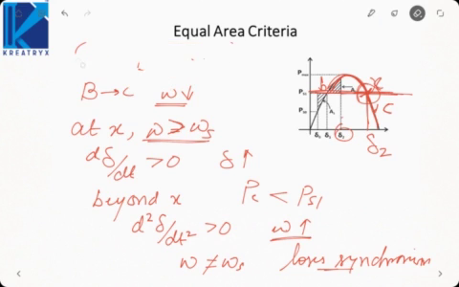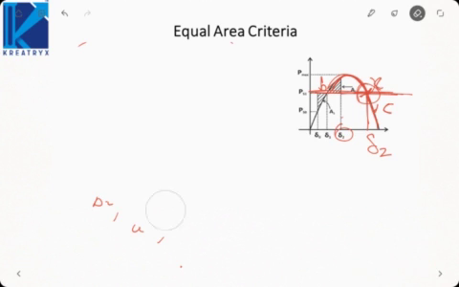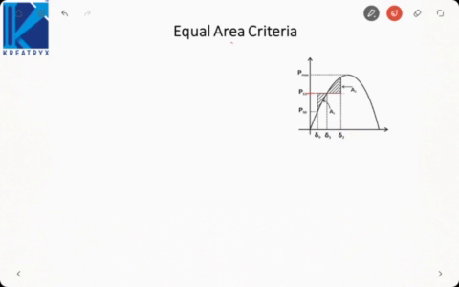So what is the angle of this point x? In case of sine, we get the same value at an angle theta as well as at an angle pi minus theta. So, if this is delta 1, this angle will be pi minus delta 1. So, we will say that the maximum rotor angle will be equal to pi minus delta 1.